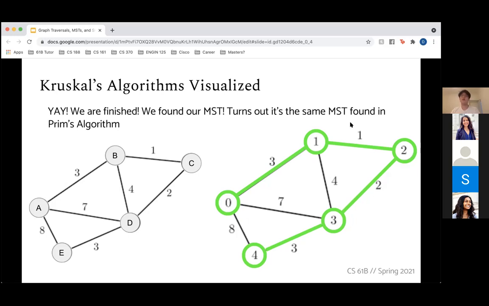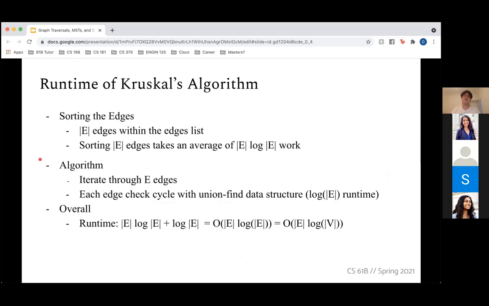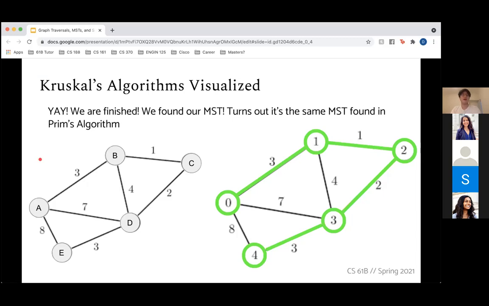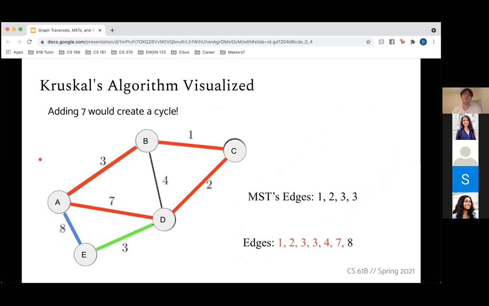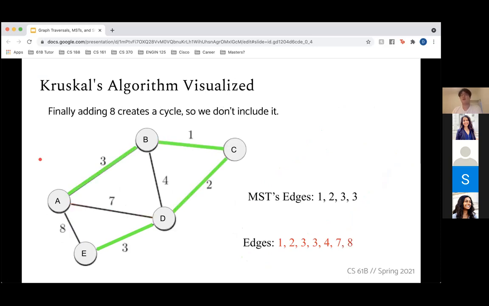And for "do we use is connected to check whether we have cycles?" Yes, you do use the function is connected to check whether we have cycles within our MST. And we'll look at that a little bit later on.